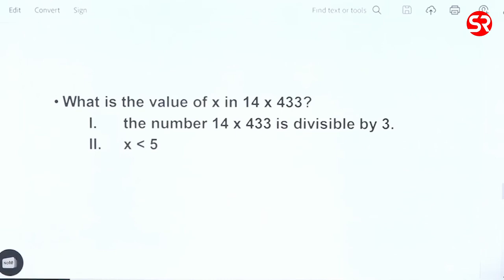Okay, I'll do that. 3. Divisibility rule of 3. What is the value of x in 14x4333? The number 14x4333 is divisible by 3.